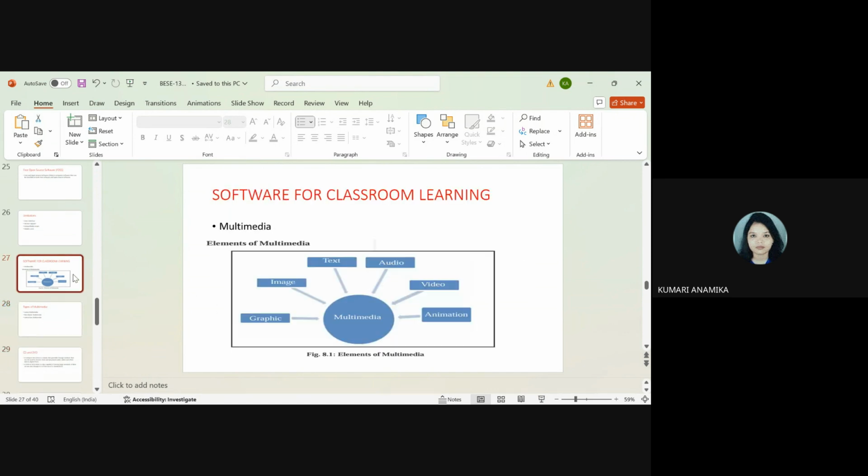Next we will see software for classroom learning. What are the software for classroom learning? The very first one is multimedia.